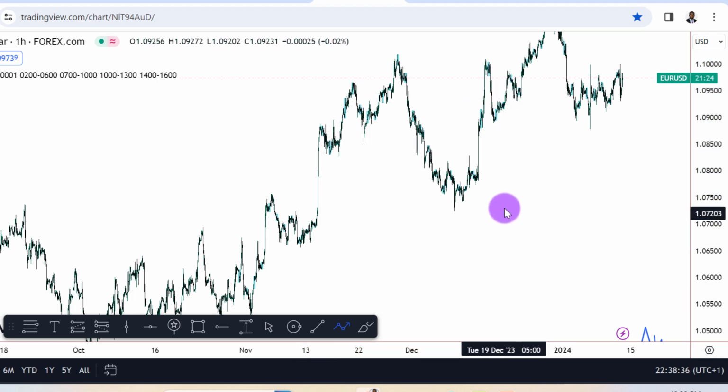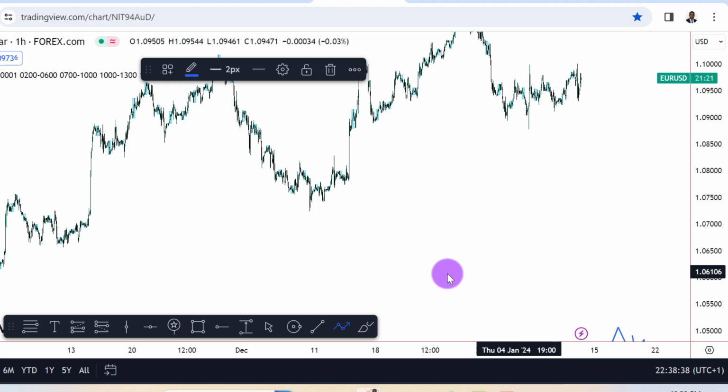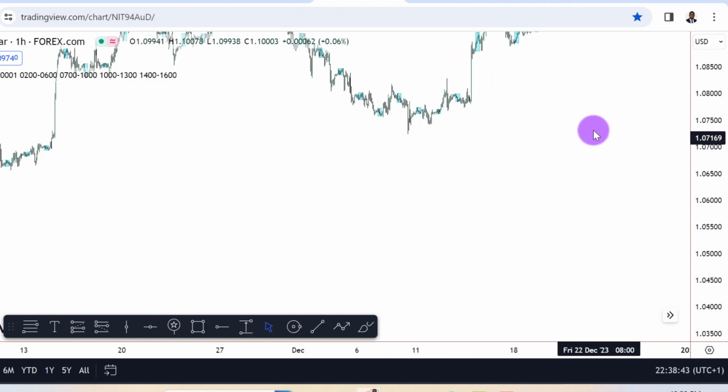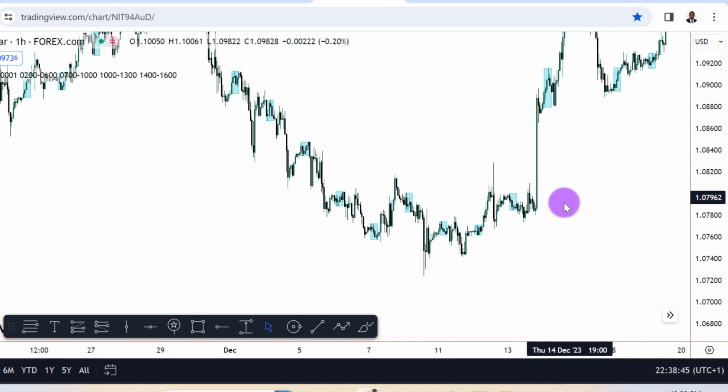On the 1 hour, to create the daily time frame higher low as well. All right, so you can see that this was a retracement, price sold, but we are in a bullish market structure.